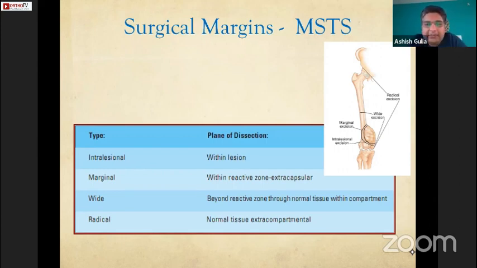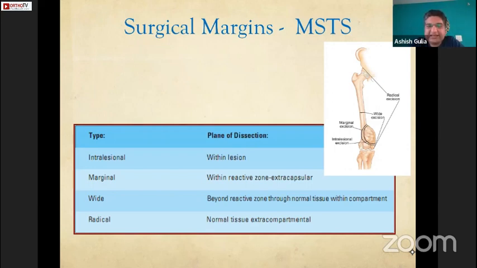Then we come to the most commonly practiced resection, which is a wide surgical resection. This resection excises the tumor, the reactive zone, and a cuff of normal tissue beyond the reactive zone. So you are ensuring complete removal of the tumor with a safe margin, and this kind of margin is practiced in most of our limb salvage procedures.